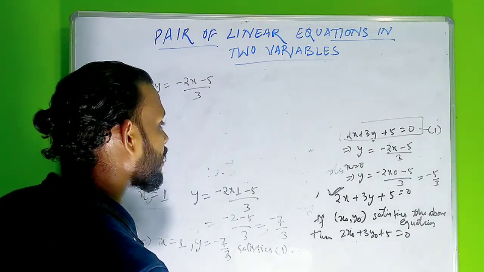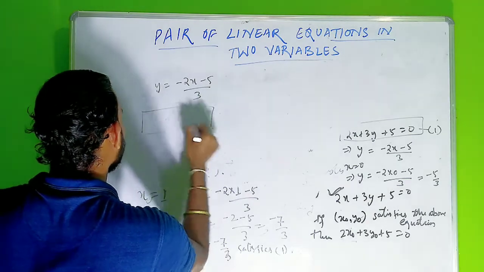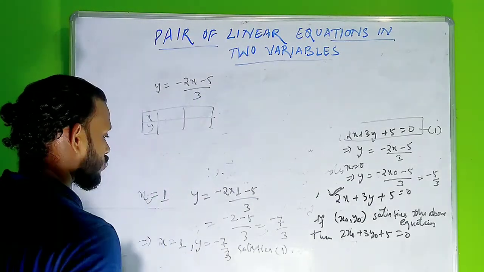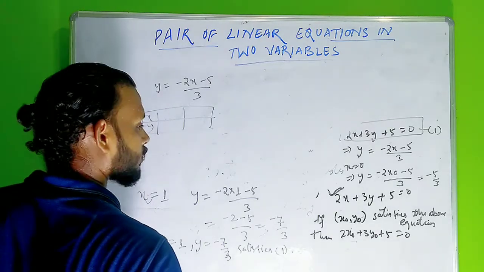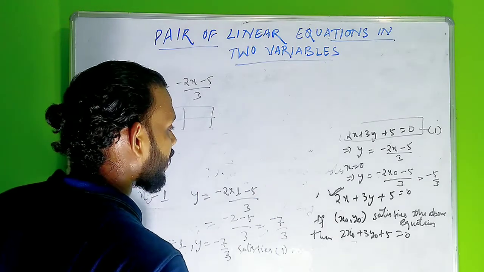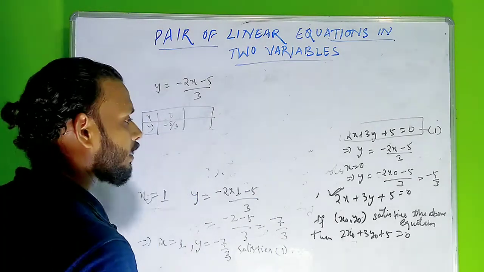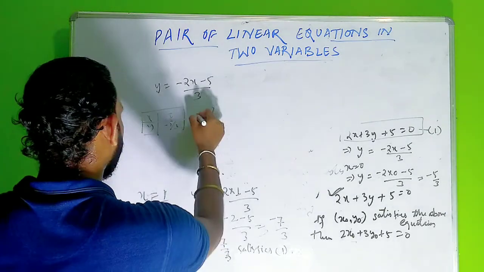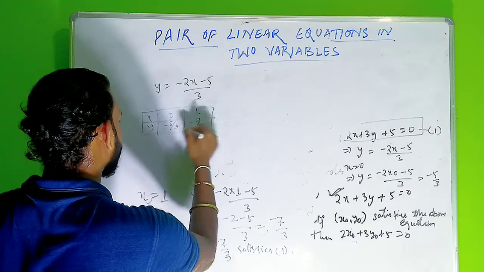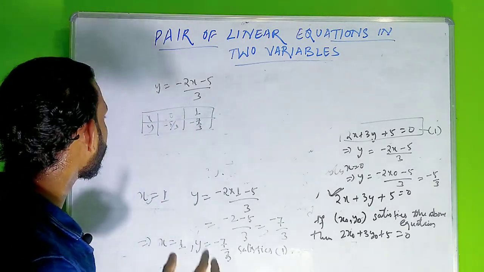If x is equal to 0, y is minus 5 by 3, and if x is equal to 1, y will be equal to minus 7 by 3.